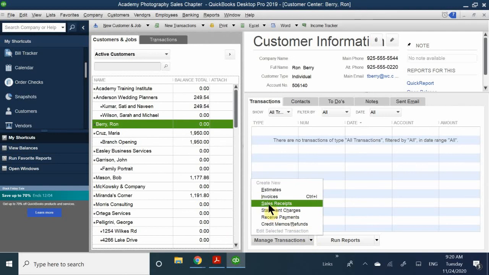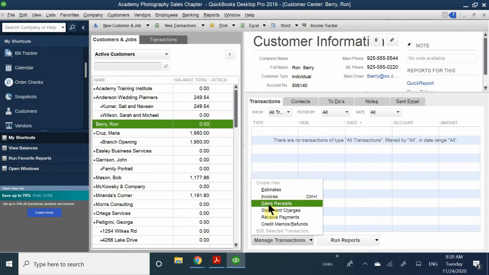So that right there, there's 3 ways in the customer center. There's 1 way in the income tracker, there's another way on the home page, and the last one is on the menu bar itself in the customer section. Okay, so those are all the ways that you can enter in a sales receipt.